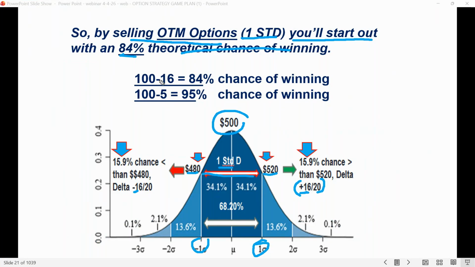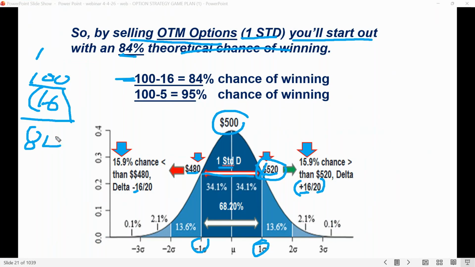Now, if you were to sell that 520 strike, and it has that 16 delta, being that one standard deviation price point, then an option delta of 1 is equivalent to 100 shares. So we'll say the option delta of 1 equals 100. So if you sold a 16 delta short strike right here, that 520 strike, then the reciprocal of that is 84. So that's how you can think of it.